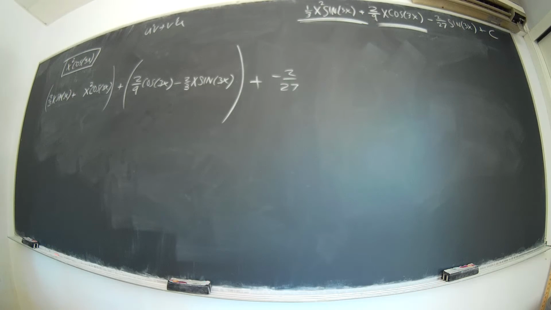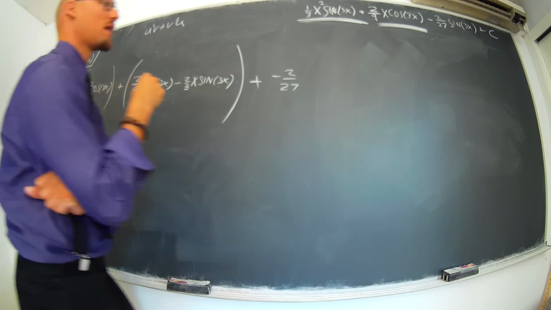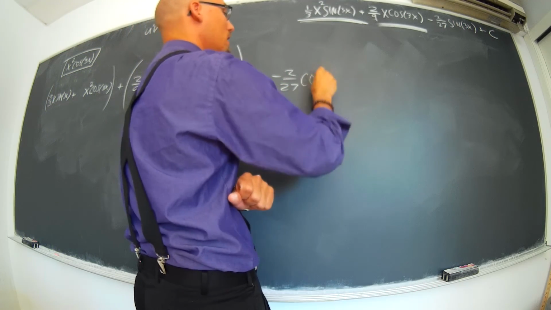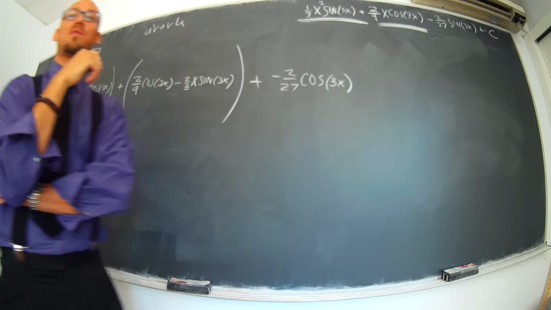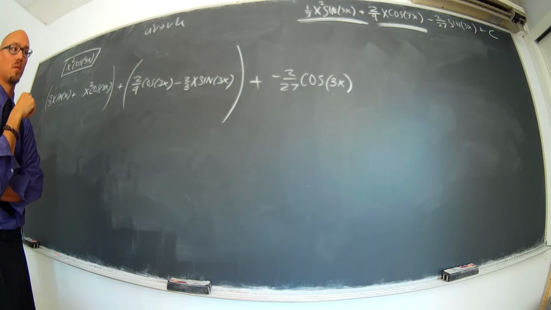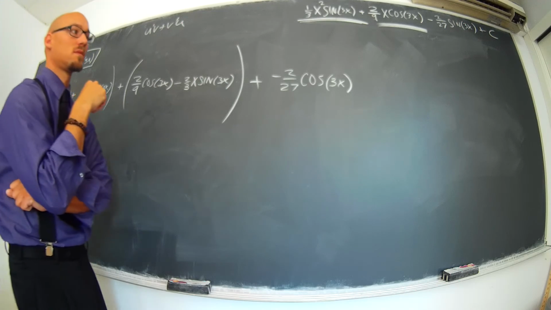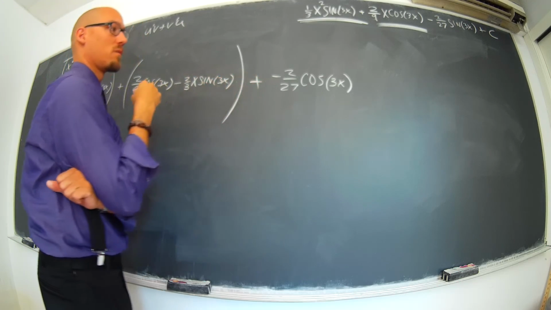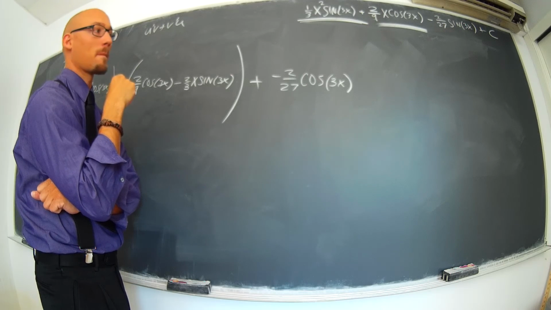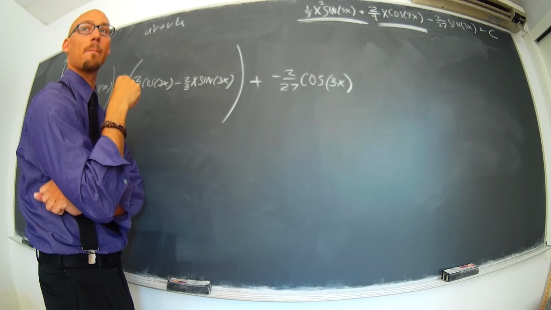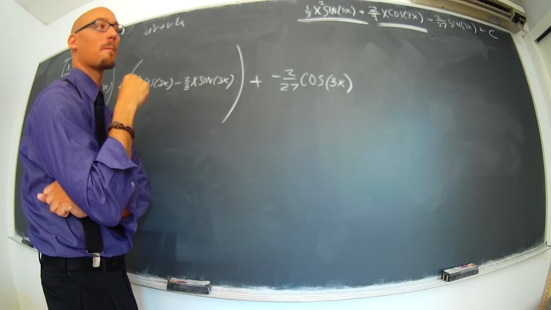So what's the derivative of sine? Cosine. Exactly. So the derivative of sine of stuff is cosine of stuff. And anytime you say stuff, that means there's a chain rule. So Serge, we're not done. What do we need? Minus 2 over 27 cosine of 3x times.